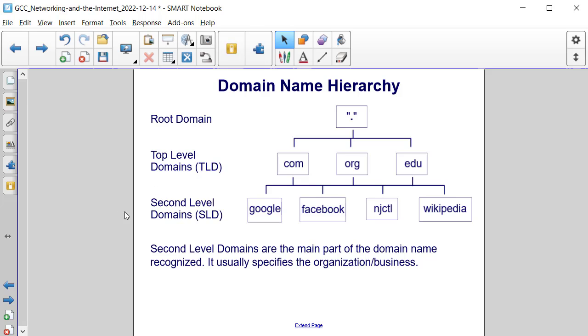And below the top-level domains are the second-level domains, or SLD as the acronym, and they are the main part of the domain name that is recognized, and it usually specifies the organization or business.